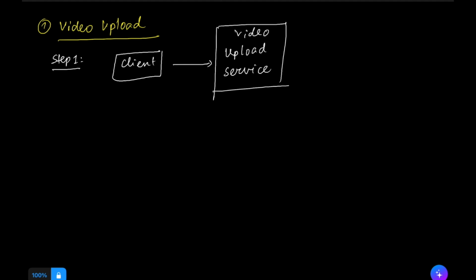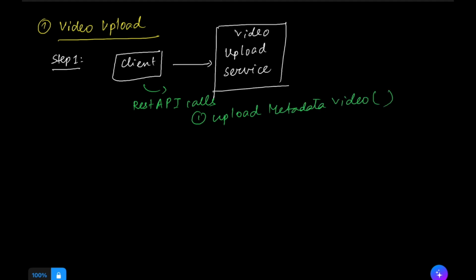This is done using REST API calls. What kind of REST API calls? Let's say upload metadata, and another, upload video. These types of REST API calls are sent to the video upload service.